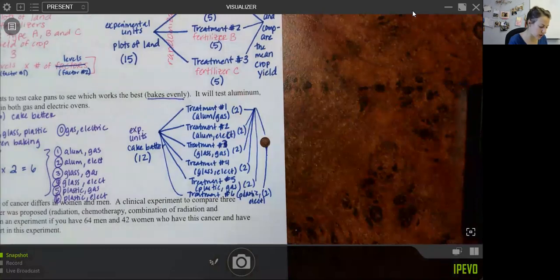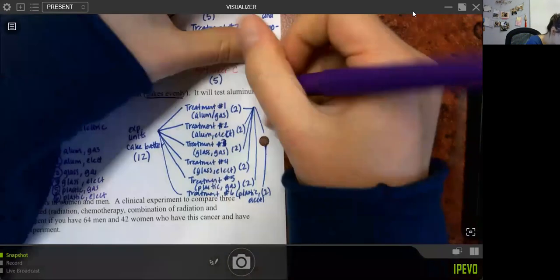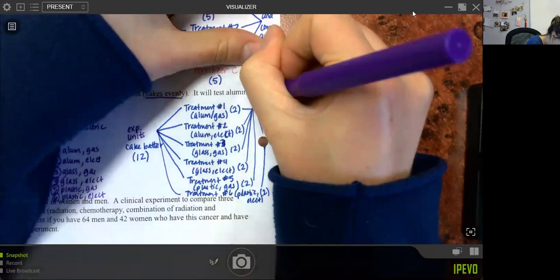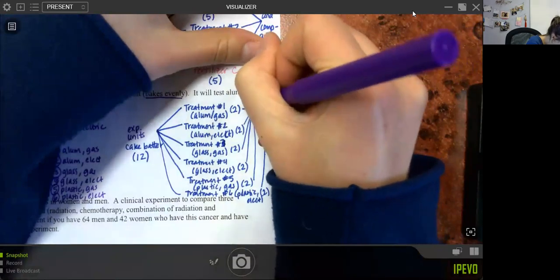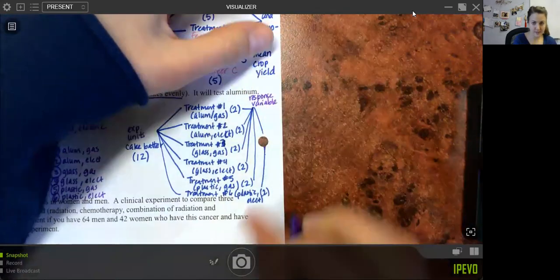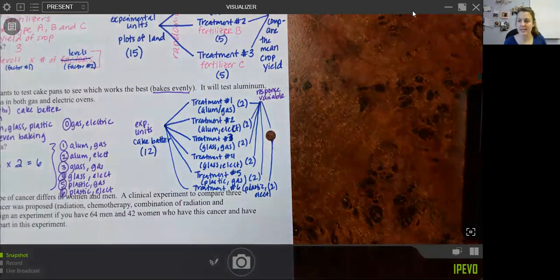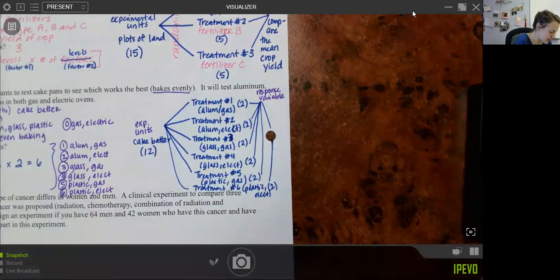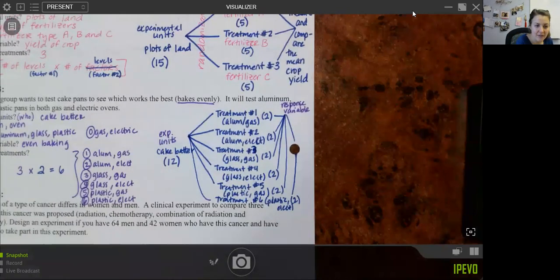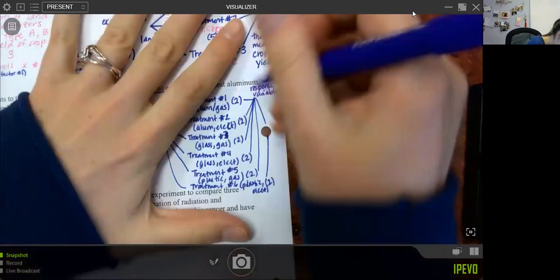Well, we want to look at the response variable. So I'm going to write here response variable. The response variable will always be what you put measure and compare before. So I'm going to put measure and compare the even baking. I have over here even baking.